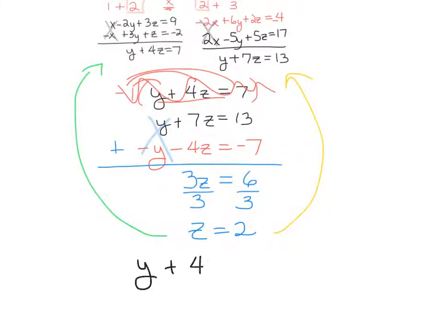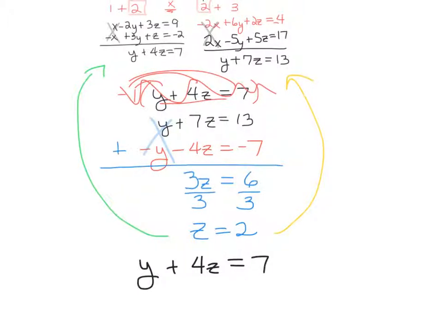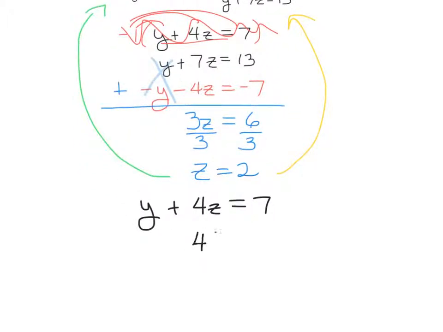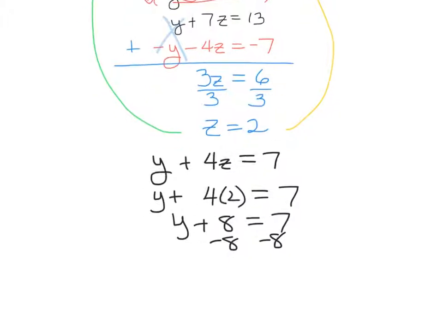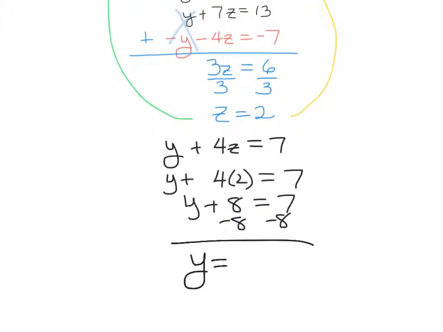So y plus 4z equals 7. I'm going to put 2 in for the z. Simplify and solve for y. I'm going to move the 8, and y equals -1. Again, this is a triple, not an ordered pair, so I still need to find x.